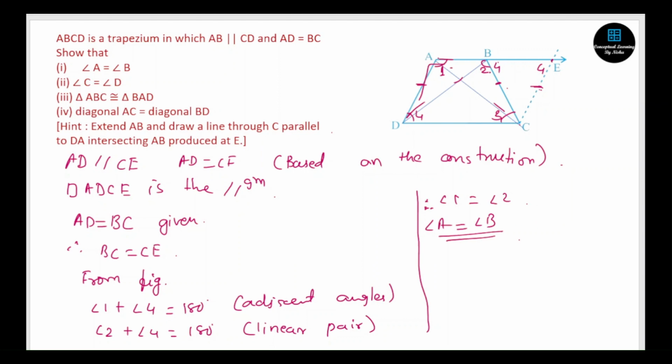Correct? Now, can I say 4 equals 3 here? Yes, I can. So angle 4 equals angle 3, alternate angles, this and this. Correct?